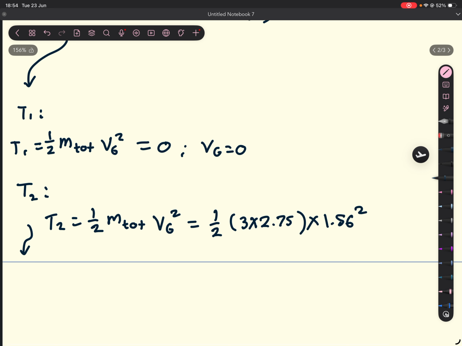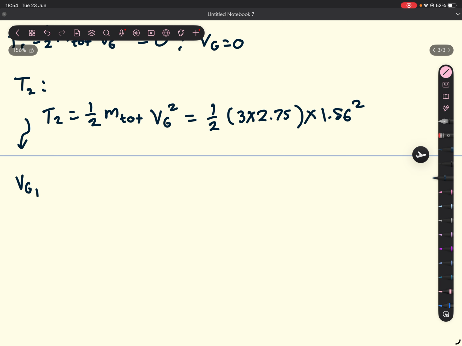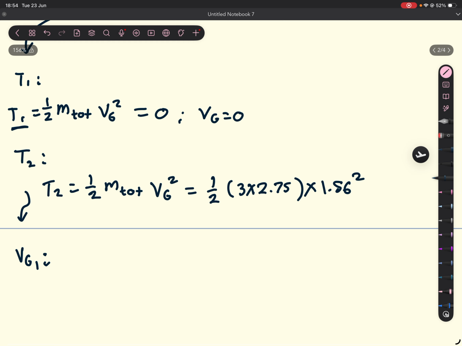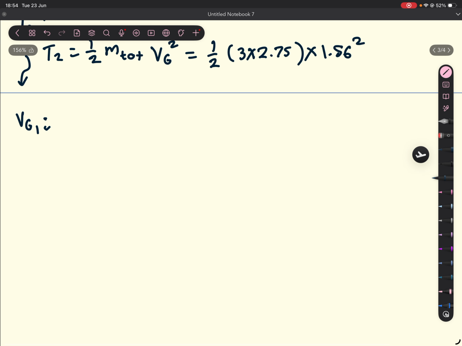Okay, then we can do Vg1. Okay, so same as T, your kinetic energy. With Vg, you can either do it for each and every particle, or you could do it for the center of mass, right?